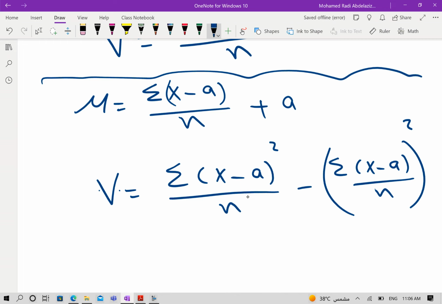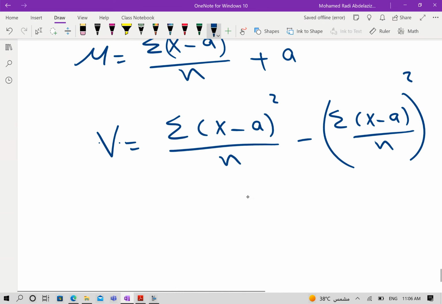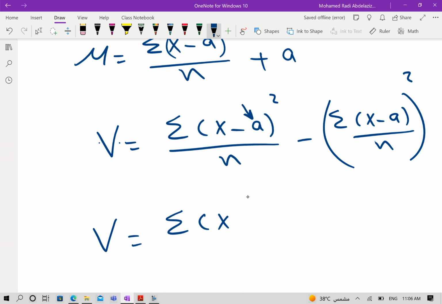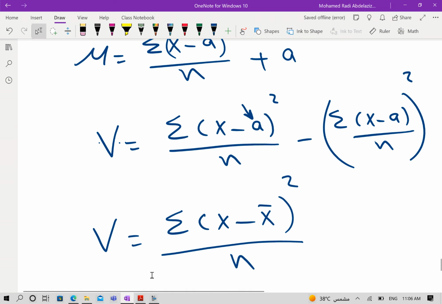But in case you subtract the exact value, if we change a with the exact value of mu, the second part will be what? 0. So variance is sum of x minus x bar all squared divided by n. The second part will be 0.